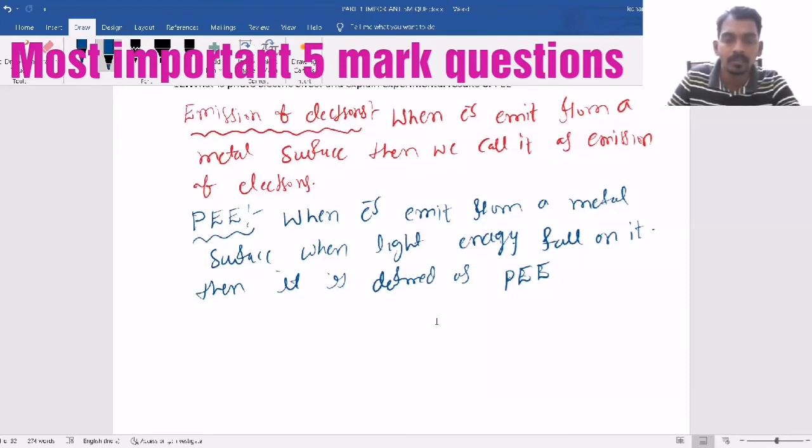That is the definition of the photoelectric effect.